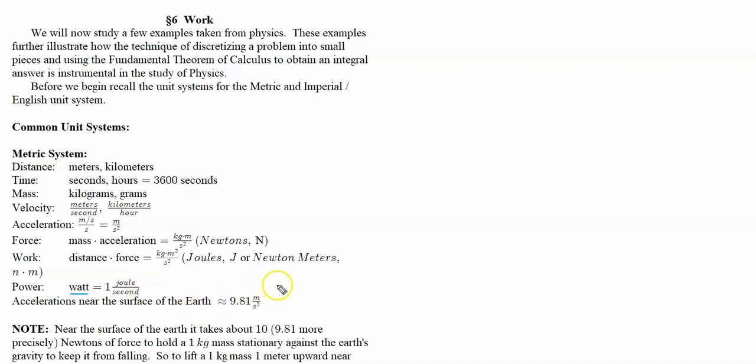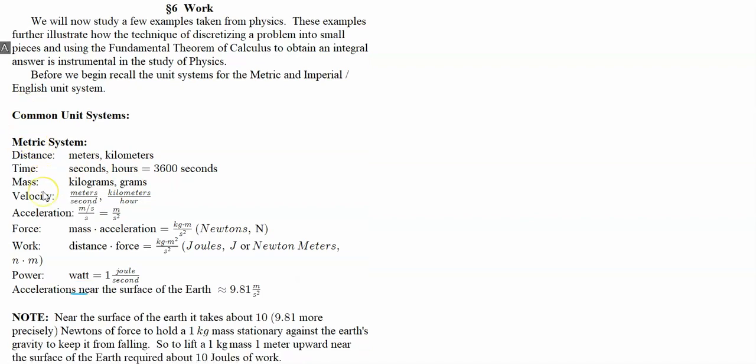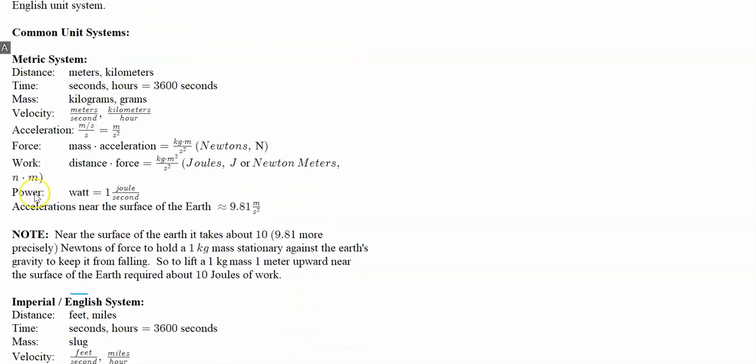Okay. Now one thing to note with the metric system is how we measure forces near the surface of the Earth. So this is an important thing to take note of. Near the surface of the Earth, you have probably seen or heard this in another course somewhere.